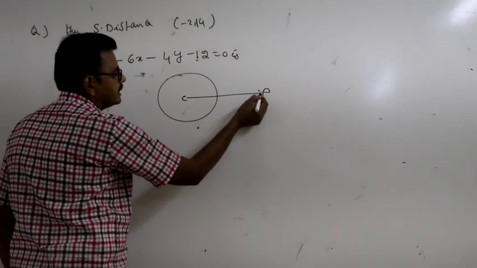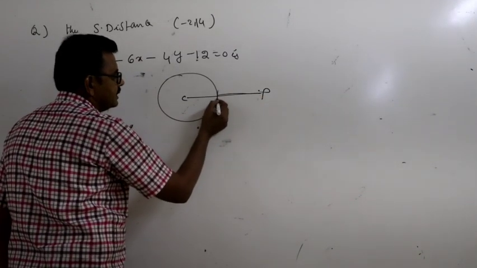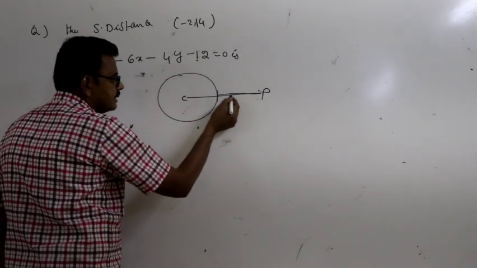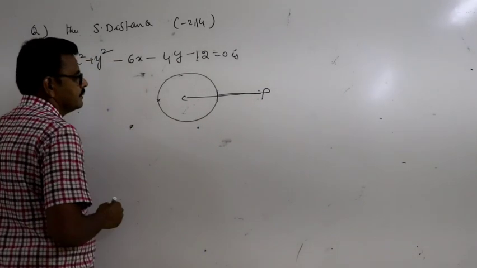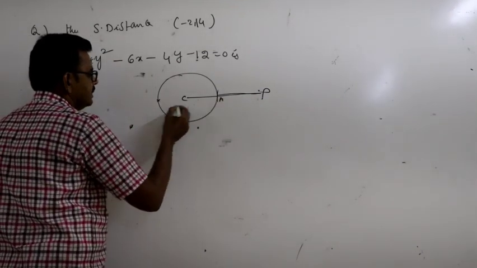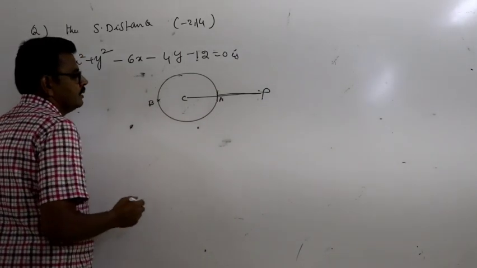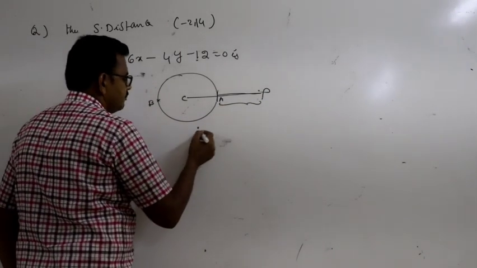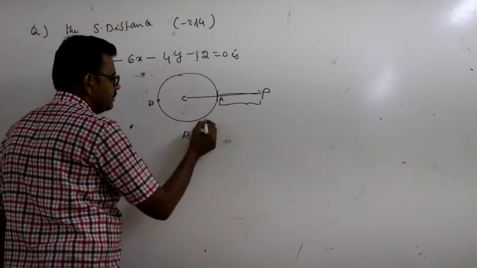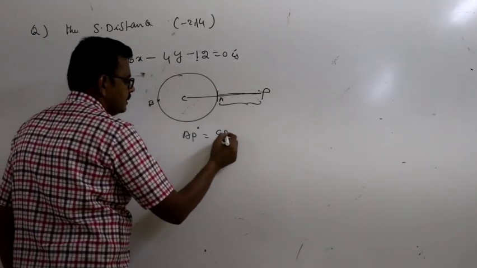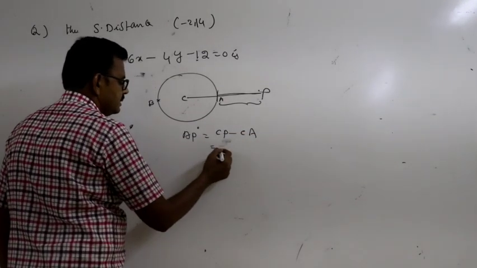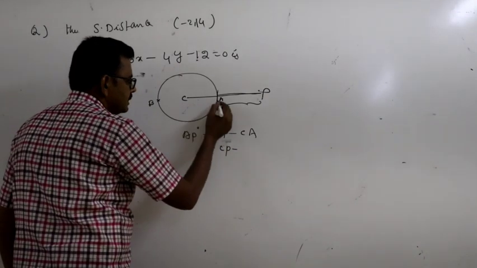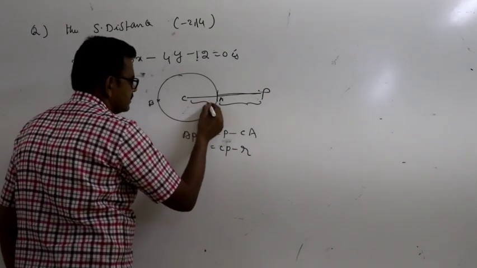Distance means shortest. This distance is the shortest distance, and the longest distance is what? Maximum distance is this one. Suppose this is A and this is B. Shortest distance is AP. AP is equal to CP minus CA, that is CP minus R, the radius.